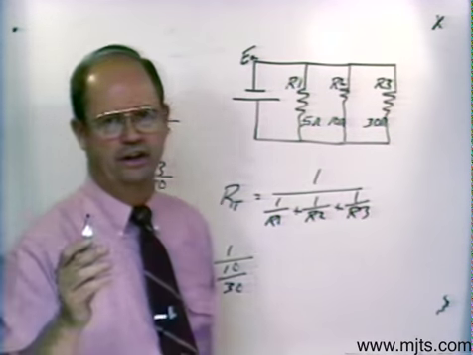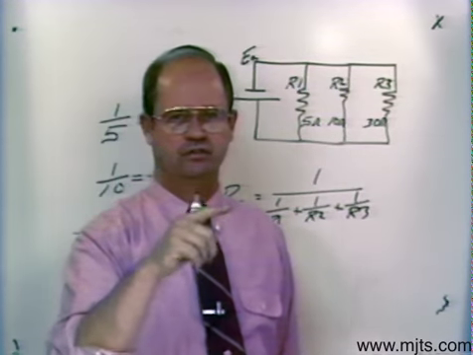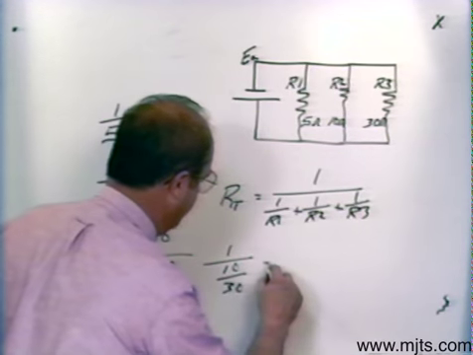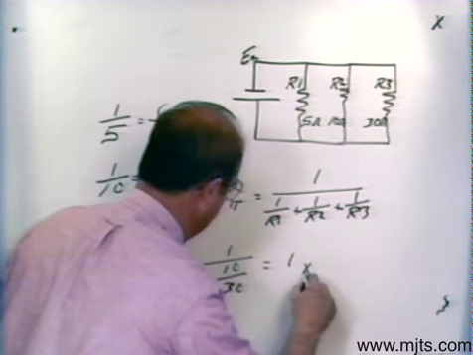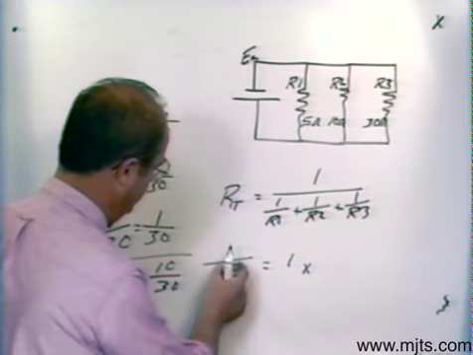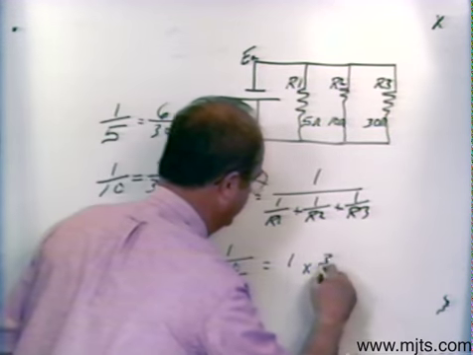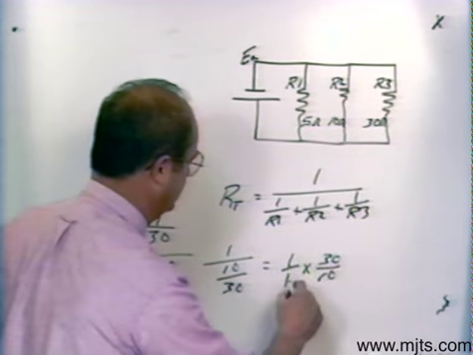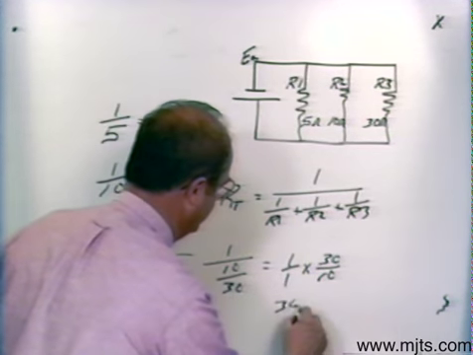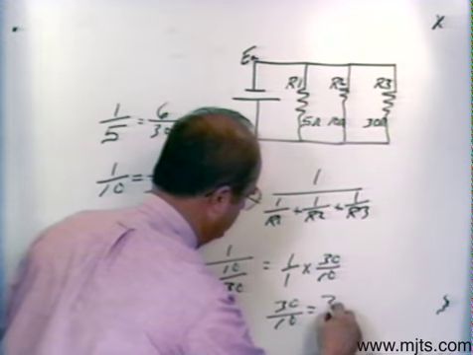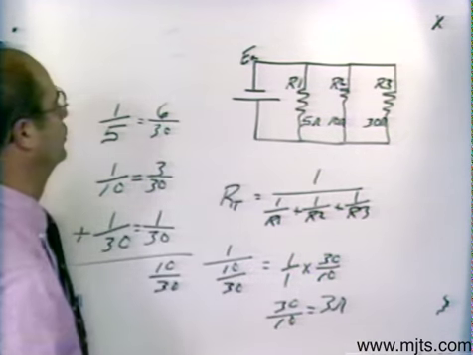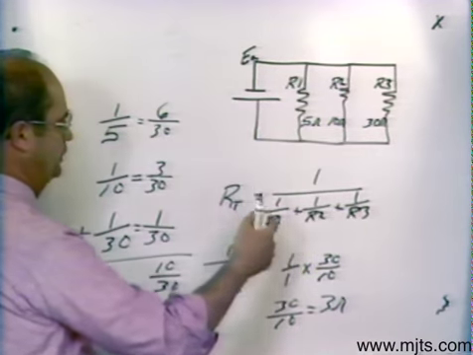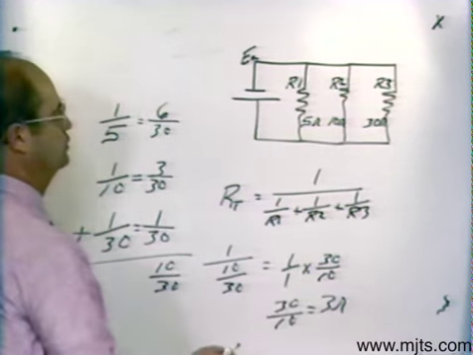Remember when we divide fractions that we invert the divisor and multiply? I'm going to invert this, this is my divisor. So I'll have 30 over 10, multiply across the top and across the bottom, which is equal to 3. In other words, the combined resistance of those three together gives me a total resistance of 3 ohms.